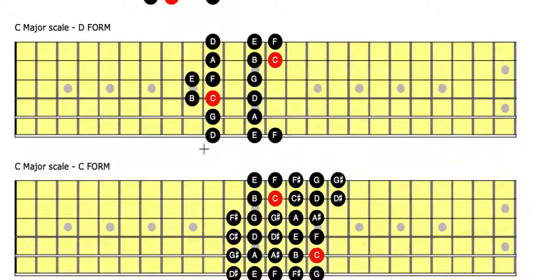Let's do the notes again: D, E, F, G, A, B, C, D, E, F, G, A, B, C, D, E, F. So they're in order. That's this D form of the C major scale there.